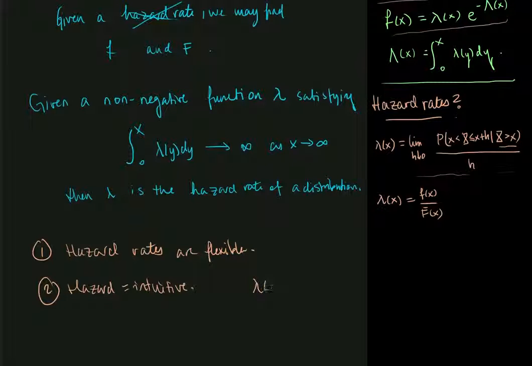So lambda of x increasing has a correspondence to the mean excess decreasing. So what does this mean? It means that if we're considering a distribution where the hazard rate increases, then the mean excess, given that x exceeds something, will become smaller and smaller.